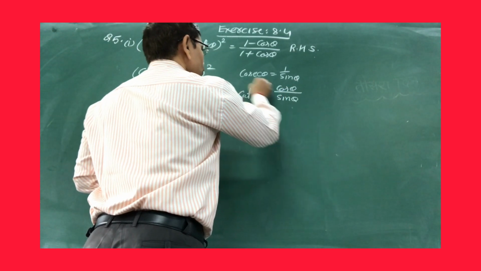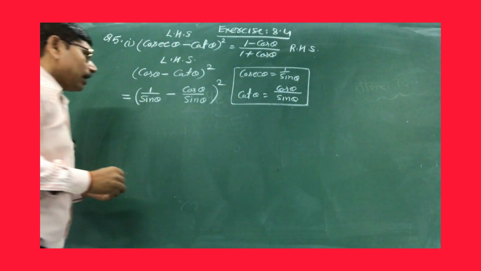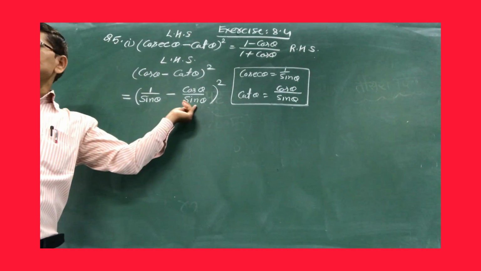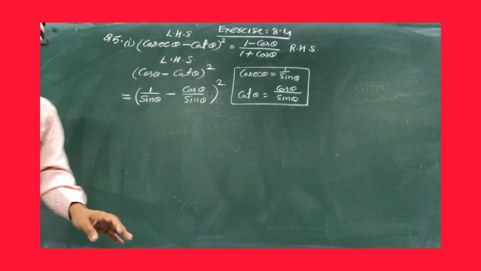So you will write 1 upon sin theta minus cos theta upon sin theta, whole square, the same as before. Since you know that cosec theta equals 1 upon sin theta and cot theta equals cos theta upon sin theta, you will use these two identities in this question. Now the denominators are the same, so you will take the LCM. What is the LCM? It's sin theta.